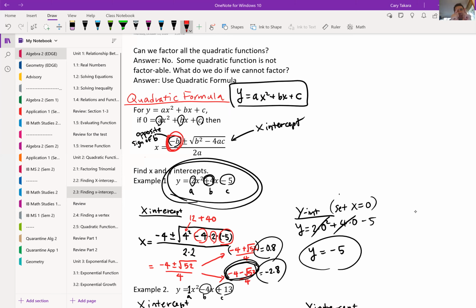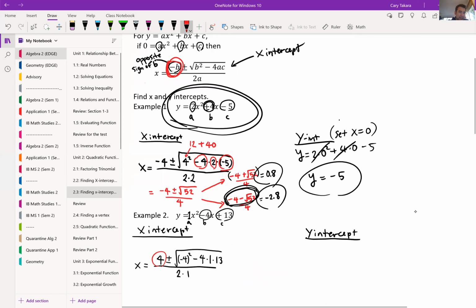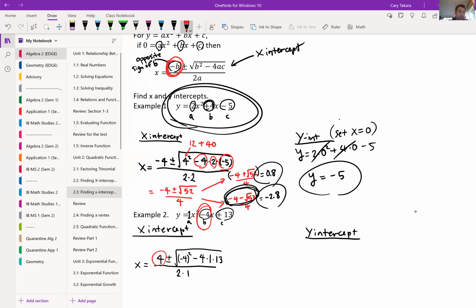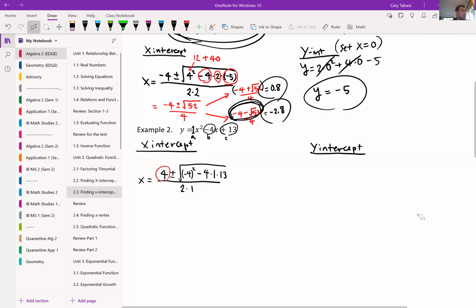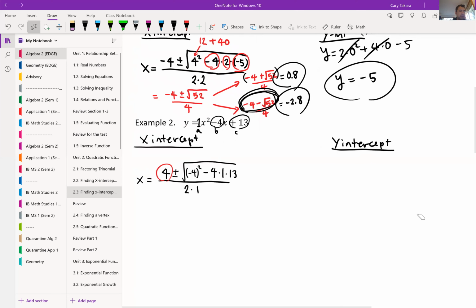In other words, when I say negative b, it means the opposite of b. Now, since b in this one is negative 4, it will be positive 4. Does that make sense? Yeah, okay. All right. So, Gentry, you're noticing something important. Very good.